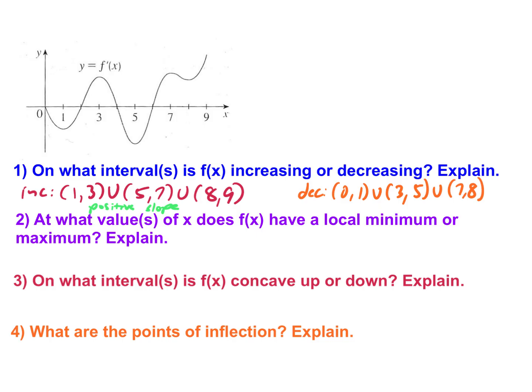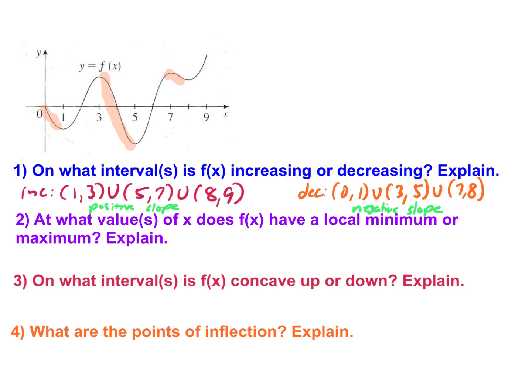Eventually, we will look at ones like that. Again, the tangent lines are negative. 0 to 1, we're negative. 3 to 5, we're negative. From 7 to 8, negative.